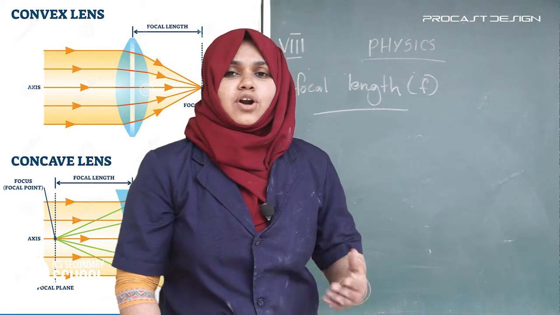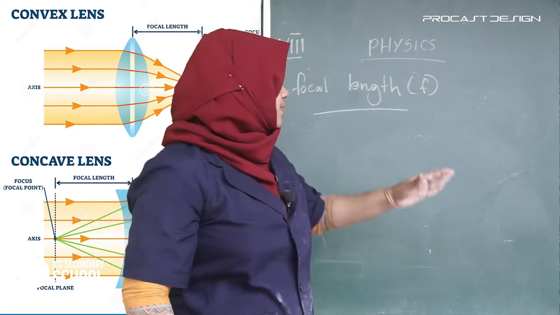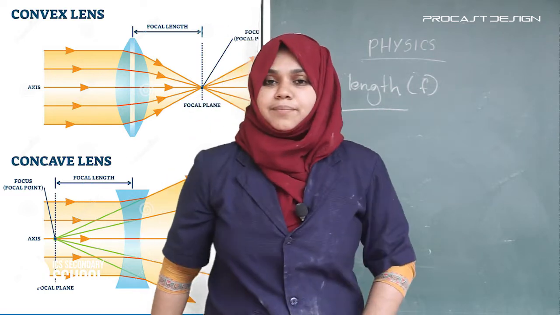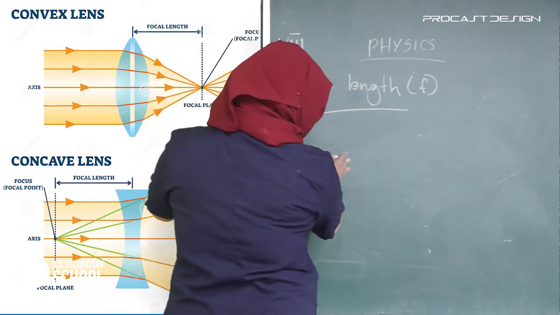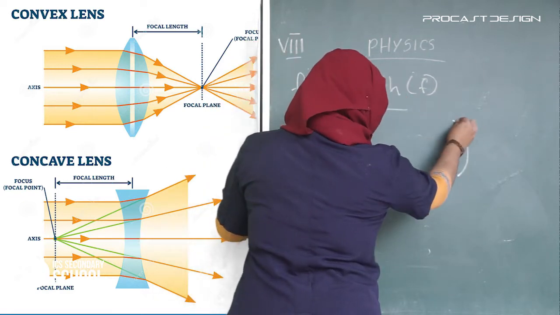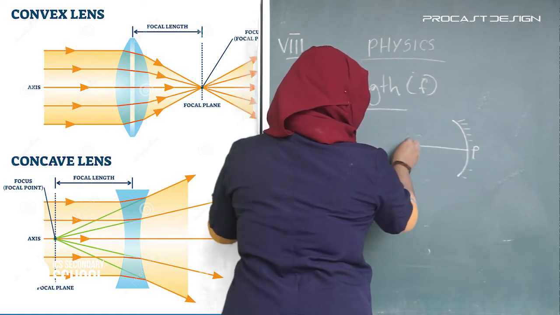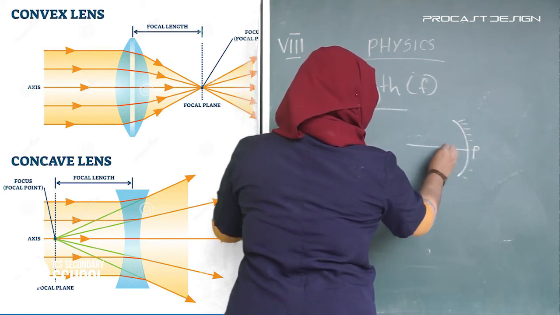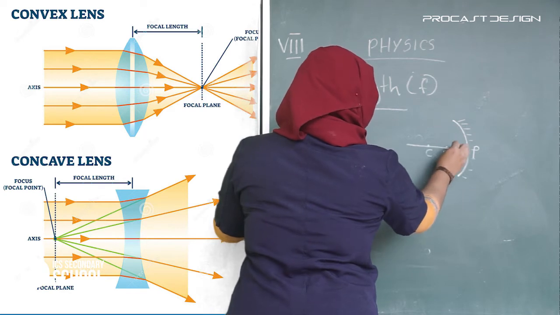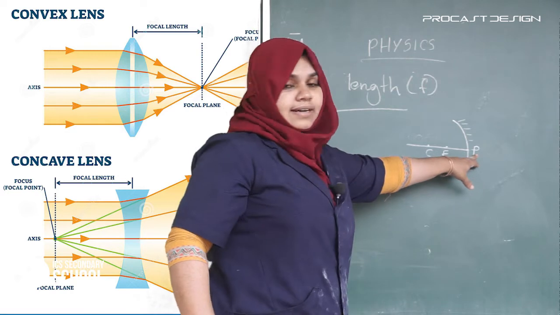The distance between the pole of the mirror and the principal focus is the focal length. Here is the pole, and this is F, the principal focus, between the center of curvature and the pole.